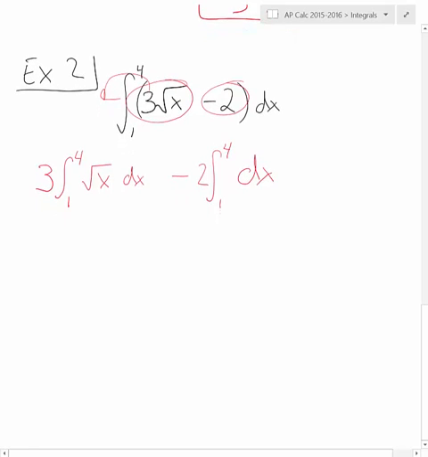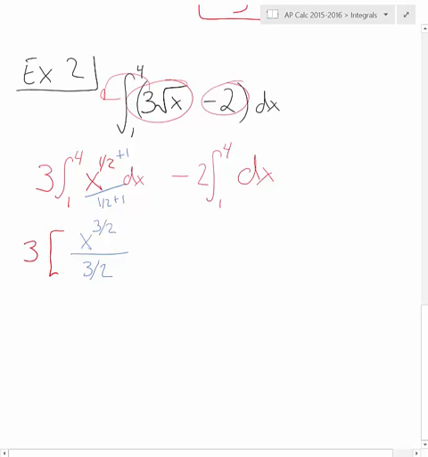Now when we do the integral for this first one, I'm going to leave the 3 outside. Before I integrate, you may want to change that radical x to x to the 1/2 power. So remember, power rule, we add 1 and then divide by that 1/2 plus 1. 1/2 plus 1 is 3/2. So this is x to the 3/2 divided by 3/2.